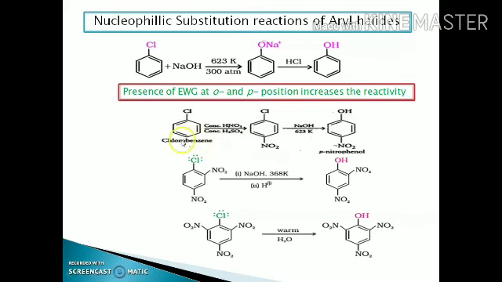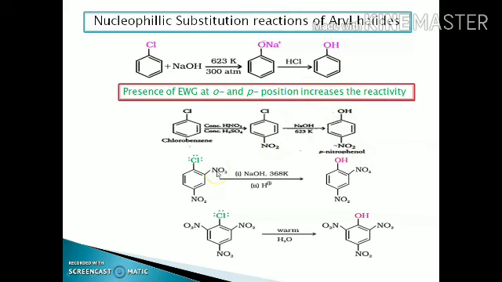Like if you treat chlorobenzene with nitric acid in the presence of concentrated sulfuric acid, it will form para-nitrochlorobenzene. On treatment with sodium hydroxide, it will give you para-nitrophenol.